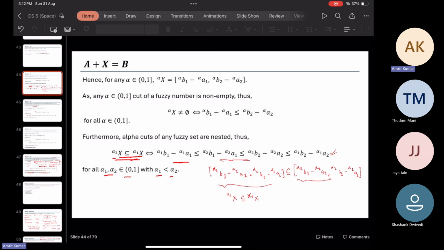I think after assignment six, week seven is about fuzzy relations, and fuzzy relations are fairly easy, at least the starting part. In fact, the hard part is now over. Fuzzy arithmetic is generally considered the hard part of this course because you have to do a lot of calculations.